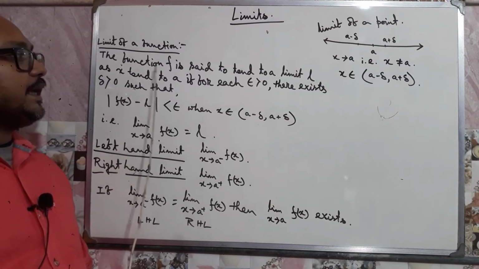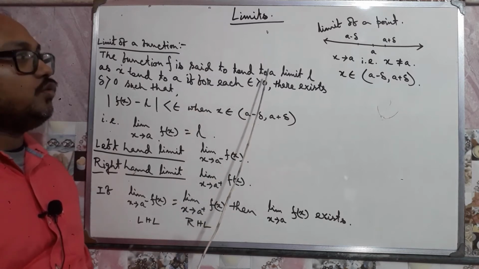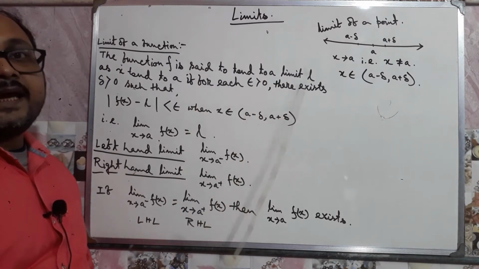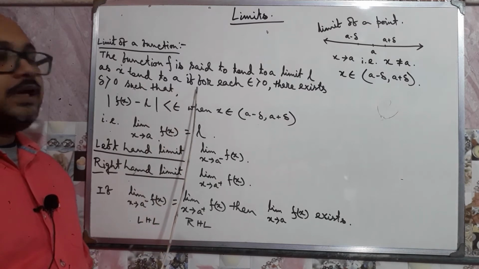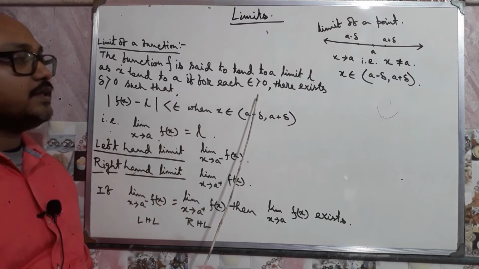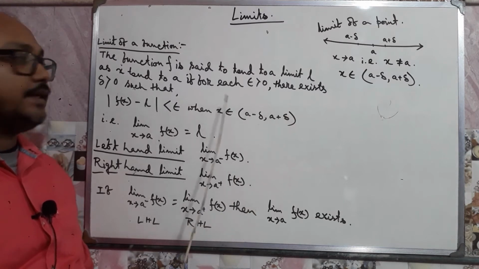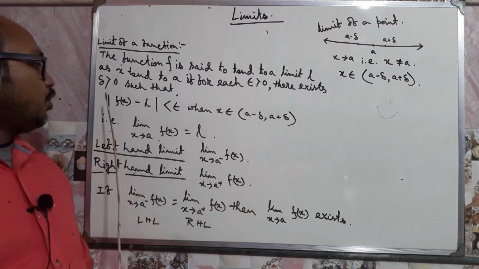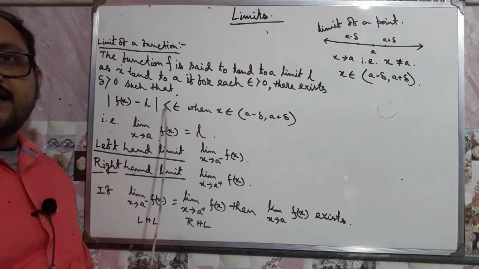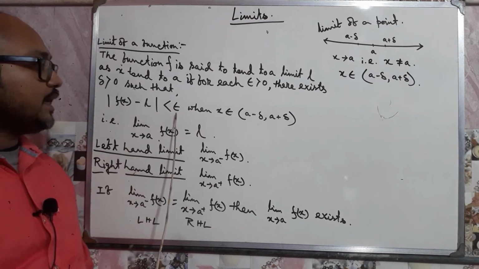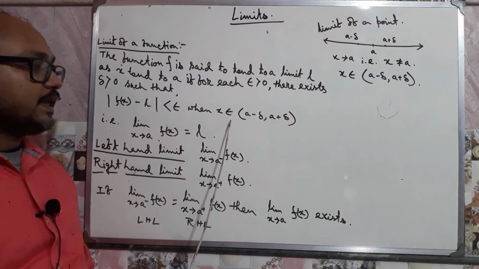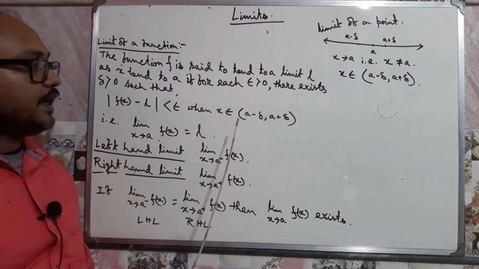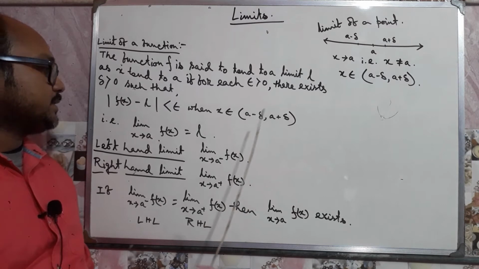The function f is said to tend to a limit L as x tends to a if for each epsilon greater than 0 there exists delta greater than 0 such that mod of f of x minus L is less than epsilon, where epsilon is a very small positive value and x lies in the interval a minus delta to a plus delta.